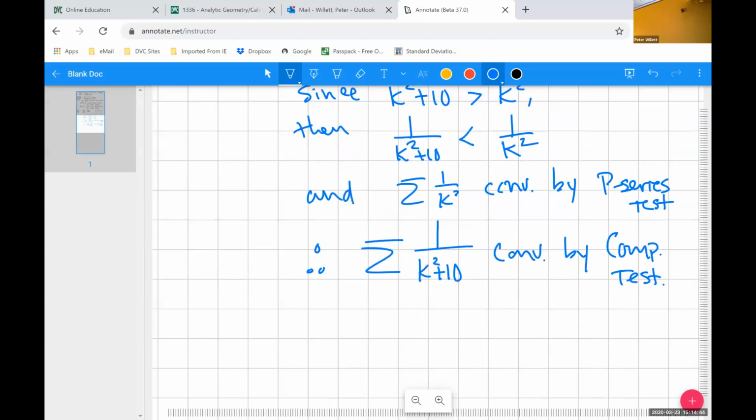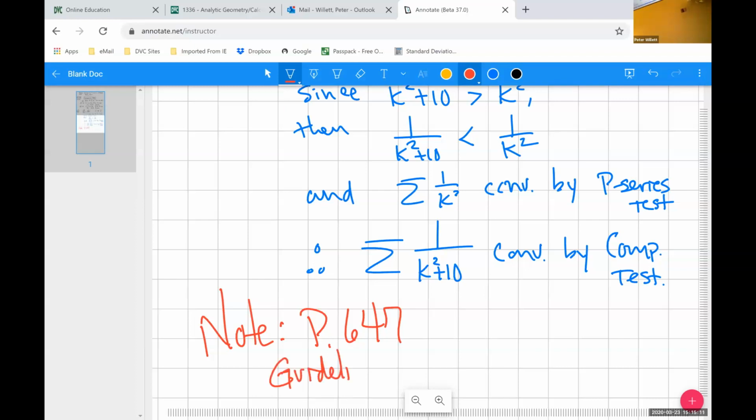Okay, so those are the main titled tests for this section. And I wanted to also point out that at the end of the section on page 647 is a big paragraph description for guidelines for choosing a test.